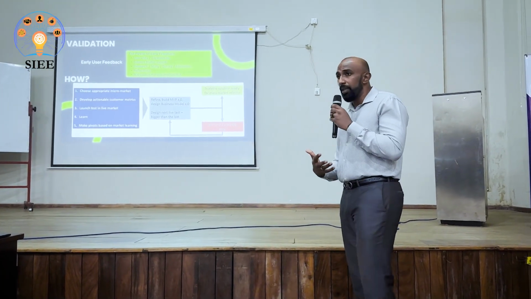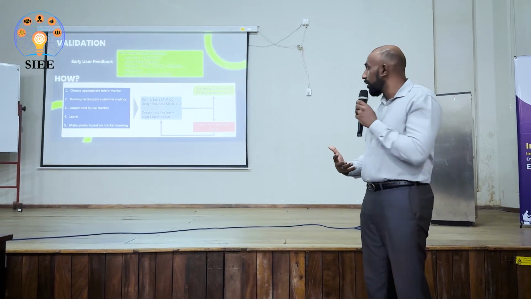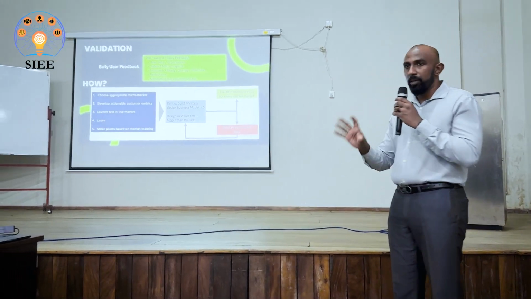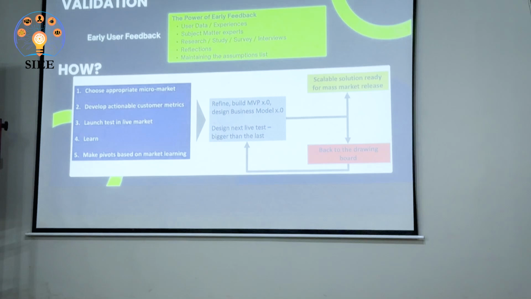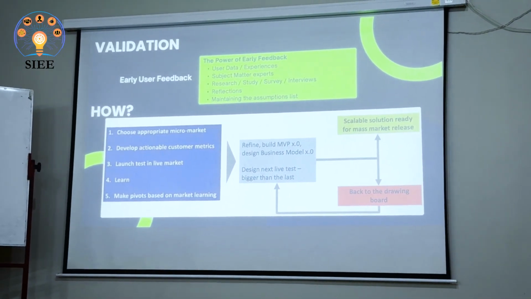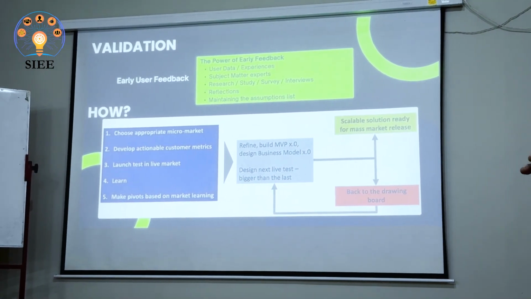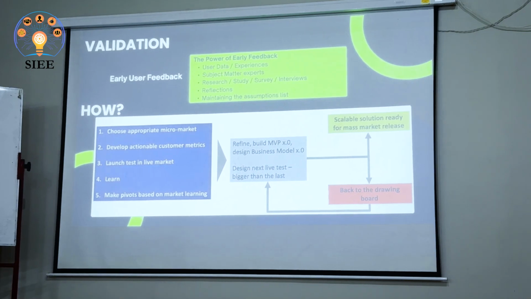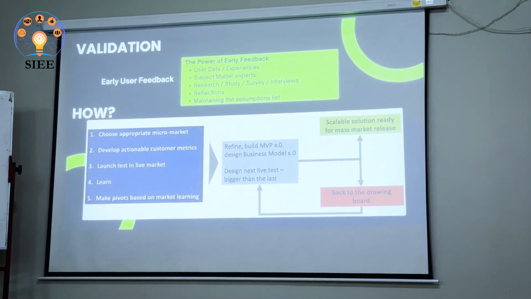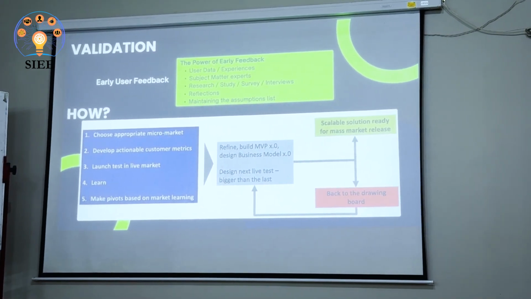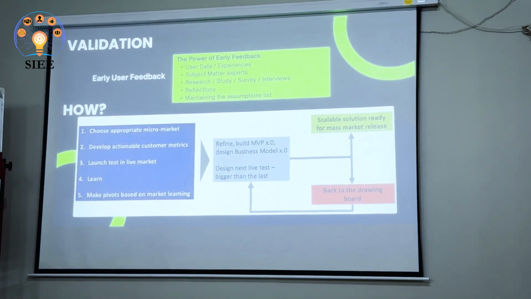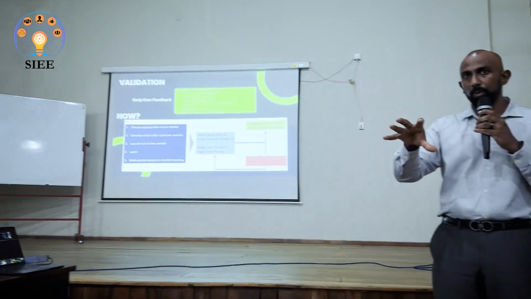How you can do MVP testing, right? Choose appropriate micro market. So you need to identify a small group of people for you to test your product out. Depending on where you are, if you are at very early stage, small group would be okay. We call focus groups.